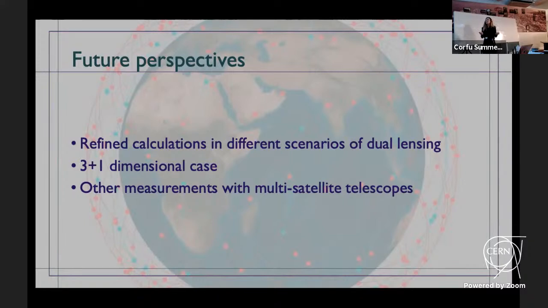And finally, we need to consider other possible physical observables that are actually testable at multi-satellite telescopes. So one of course is the usual time delay in the propagation, and to see how much we can constrain our theory from observation of different effects.